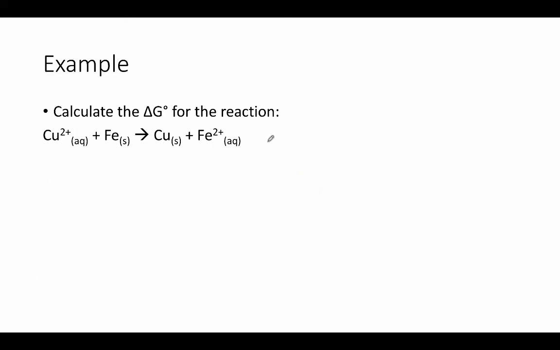Okay, so we're going to do this reaction here. And before we can do this, we need to know that delta G is equal to negative nFE, which means we need to find the voltage and we need to find the moles of electrons that are transferred. We're going to find the moles of electrons transferred by making sure that this equation is balanced and in the process also finding our voltage that's produced.